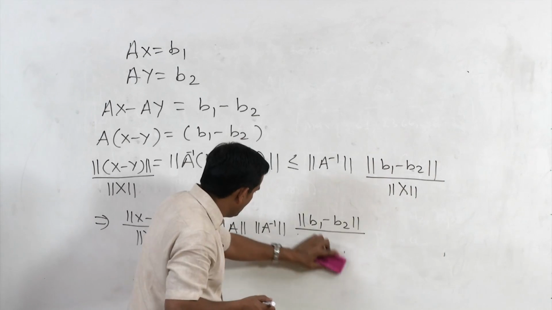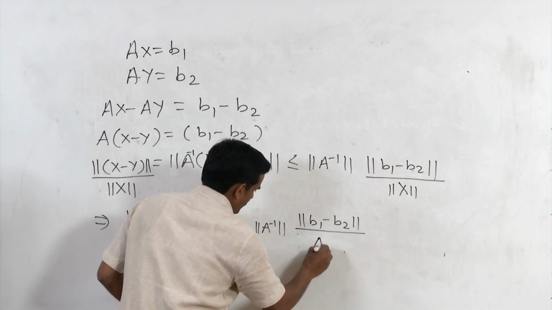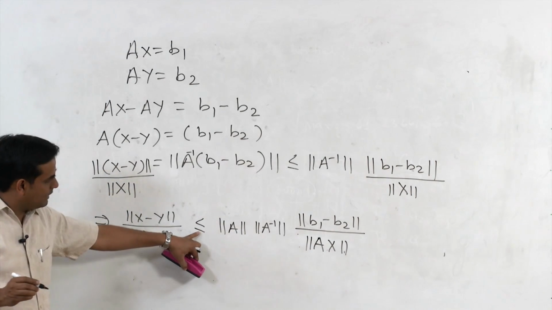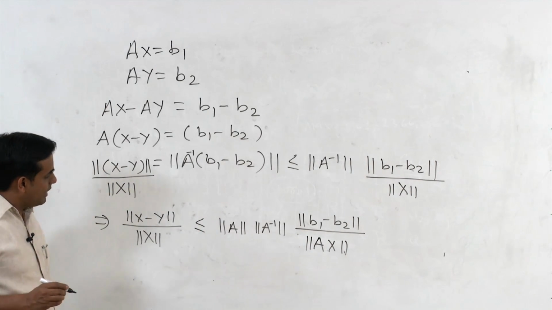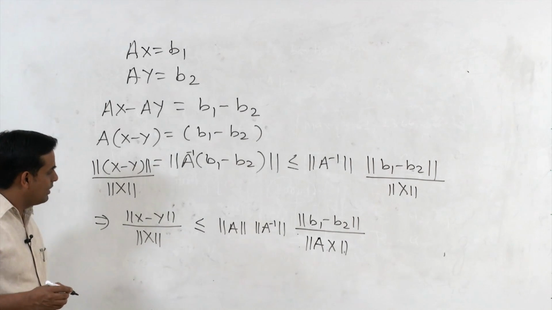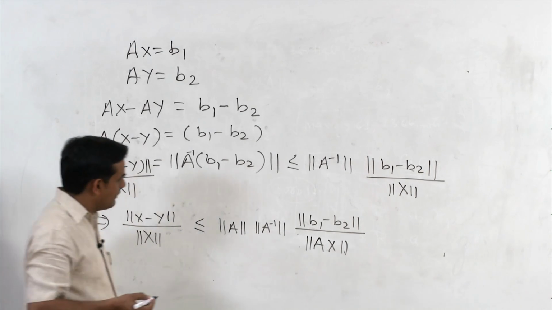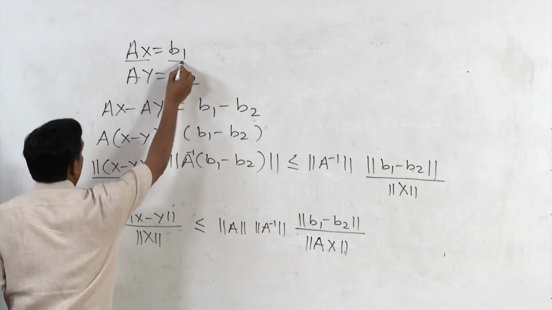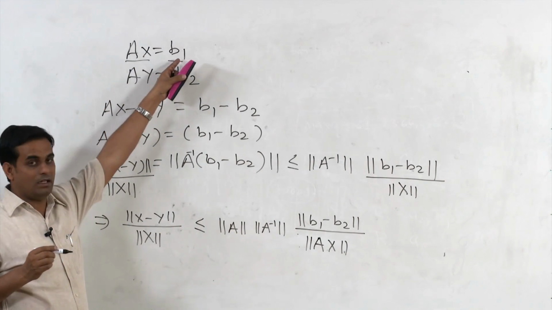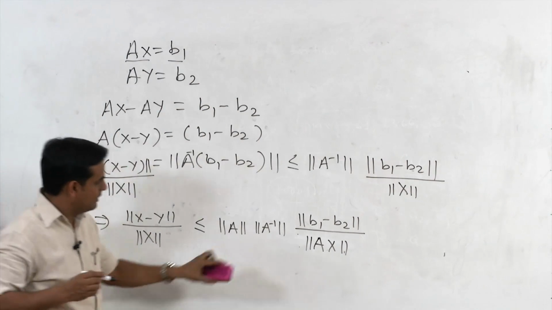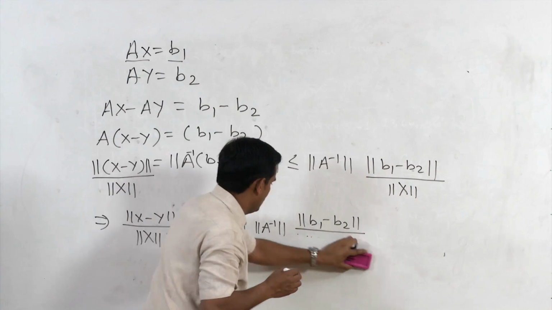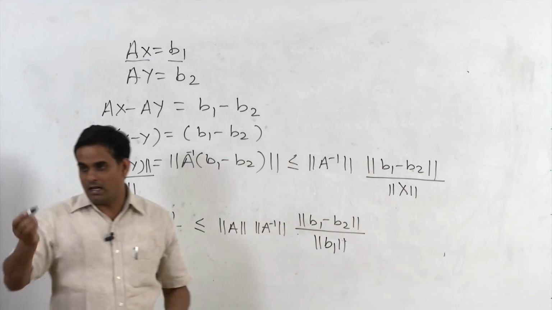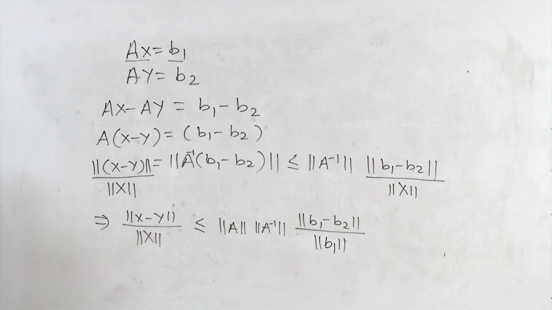So, if I replace it, this inequality will not change, and as you know Ax equals B1, so norm of Ax will be norm of B1. So, I can replace it here with norm of B1, and this is the result of the theorem.